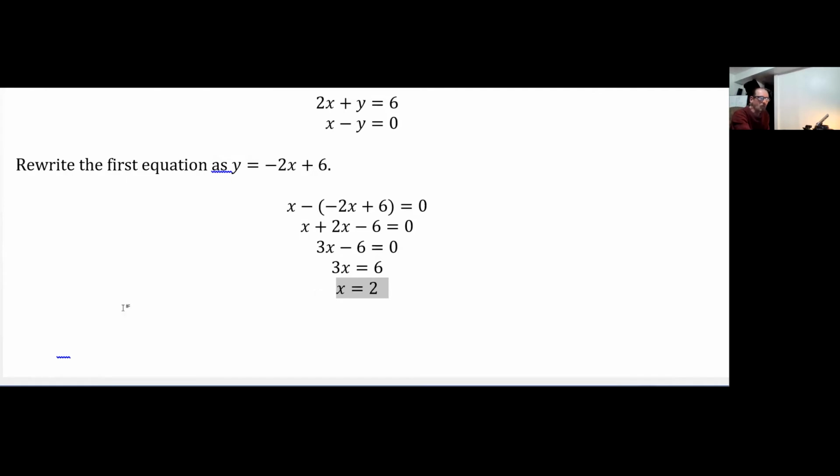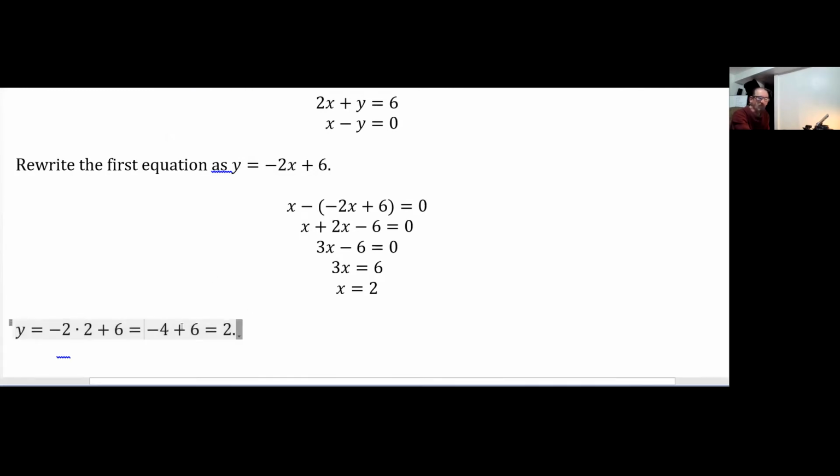Now that we know by doing substitution the value of one of the variables, I'm going to plug in 2 for x into one of the original equations. Well, actually, I'll plug it in here in the rewrites and do some arithmetic. No more algebra.